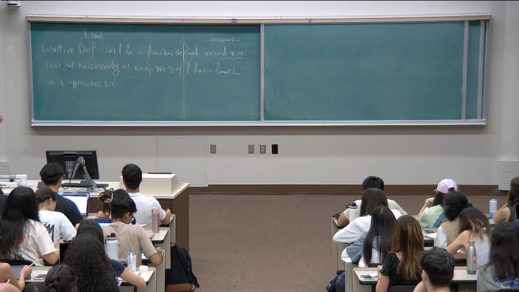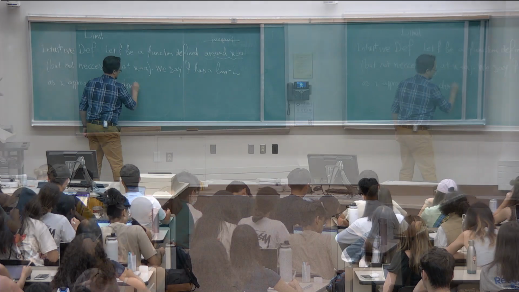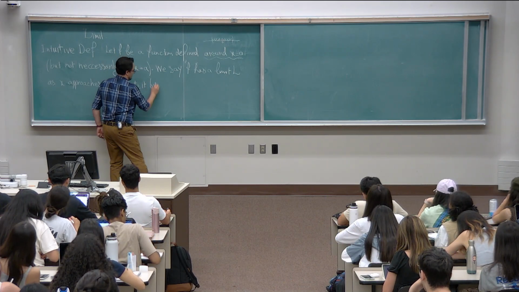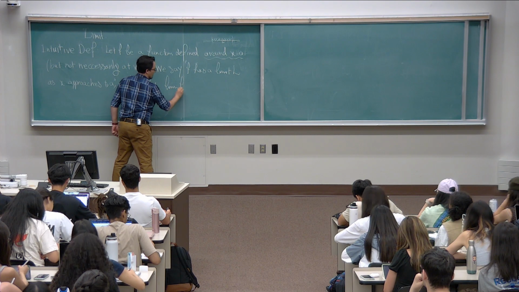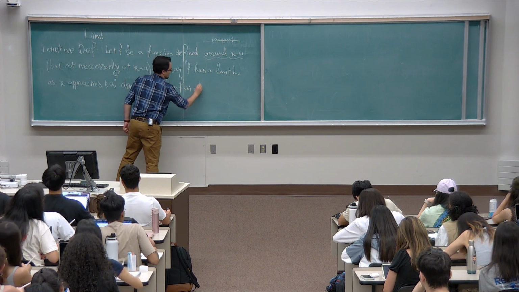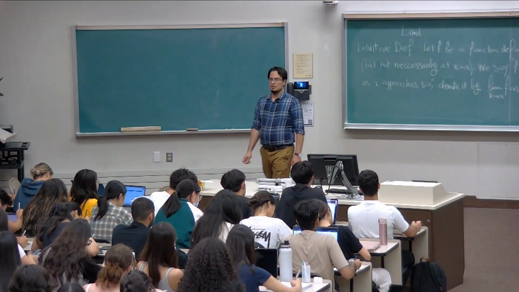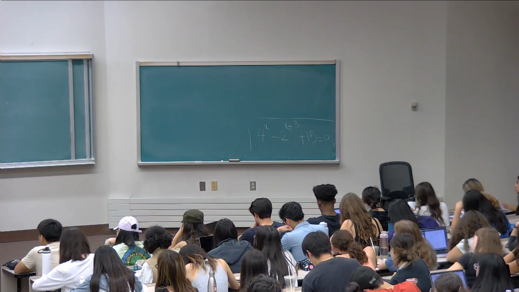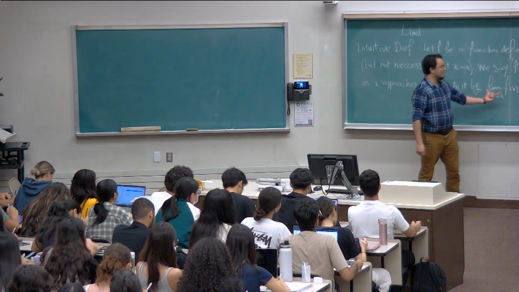So that's why we fix a notation, denoted by lim f(x) as x approaches A is equal to L. So we say that the function has limit L as x approaches A, or we write it mathematically like this.